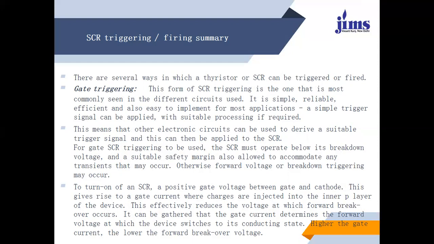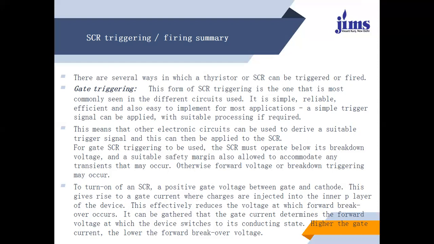This means that other electronic circuits can be used to drive a suitable trigger signal, which can then be applied to the SCR. For gate triggering to be used, the SCR must operate below its breakdown voltage, and a suitable safety margin is also allowed to accommodate any transients that may occur. Otherwise, forward voltage or breakdown triggering may occur.